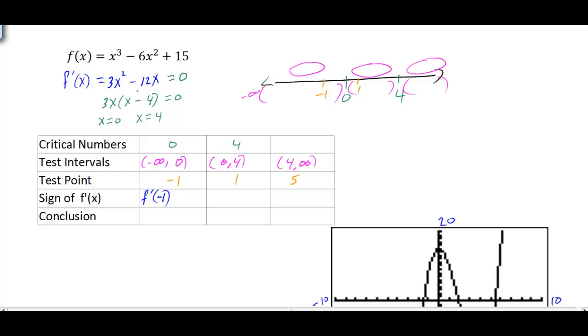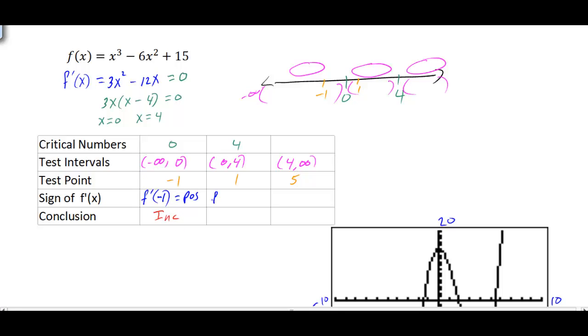And if we do that, again, we don't really care about the value of the number. We just want to know, is it going to give you a positive or negative? And we will discover if we plug that in, we end up with a positive number, which means we have a positive slope. So that tells us from negative infinity to 0, our graph is going to be increasing. That's kind of our conclusion. It's positive, so we're going to be increasing.